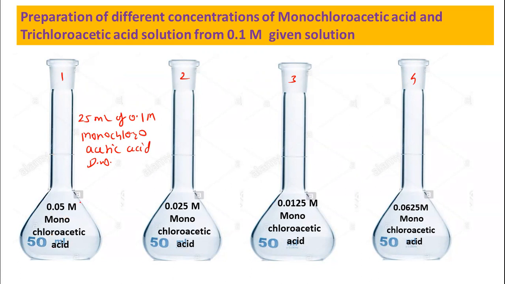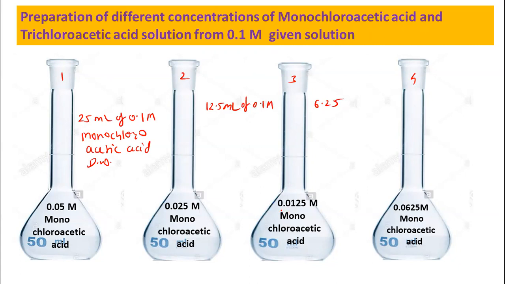In flask number 2, we have to take 12.5 ml of 0.1 molar monochloroacetic acid solution, and the remaining quantity is distilled water. We have to dilute up to the mark. In flask number 3, we have to take around 6.25 ml of the monochloroacetic acid solution.